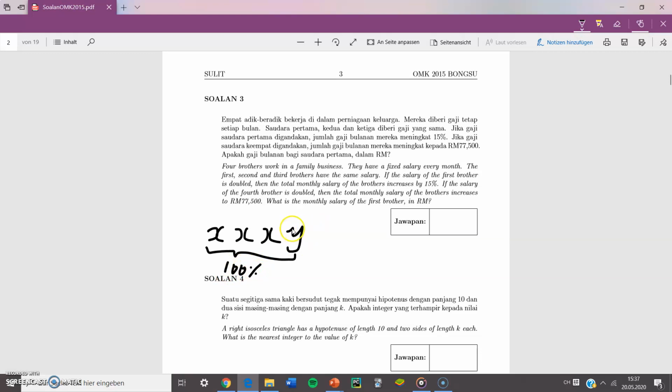Okay, we'll leave that for later. So we see the first statement: if the salary of the first brother is doubled, then it increases by 15%. So this is 100%, and then we have the first brother 2x, x, x, y. The sum of them would be 115%.